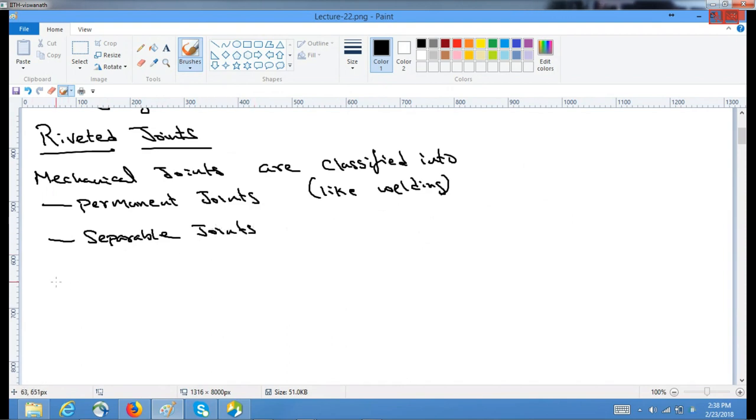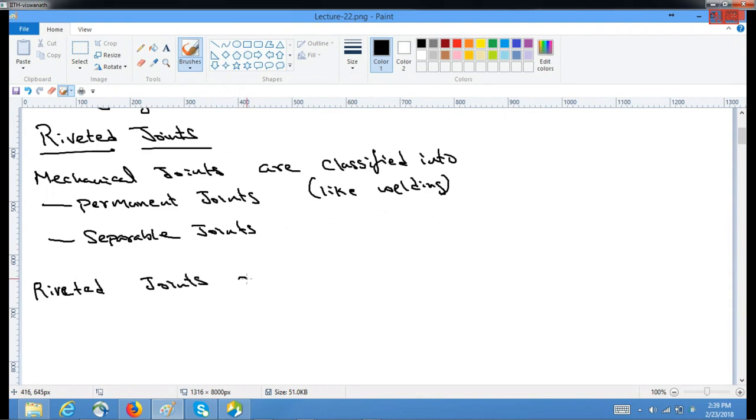So even though in the riveted joint you have kind of a separable thing, in some cases they still classify riveted joints as permanent joints, because of the way in which the rivets are driven.